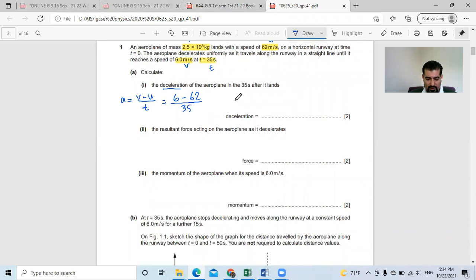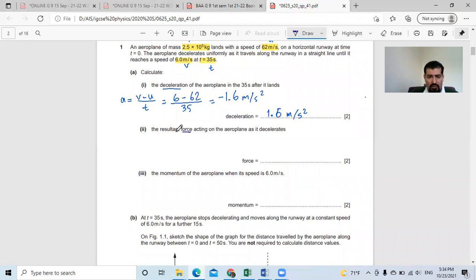Using the calculator, our answer is negative 1.6 meters per second squared, but this is the acceleration, so we put it as deceleration 1.6 meters per second squared without the negative, because they ask about something which is already negative. That's the first part.